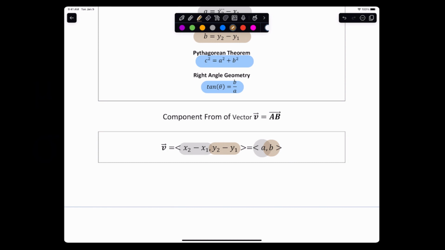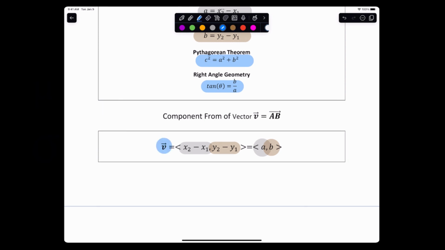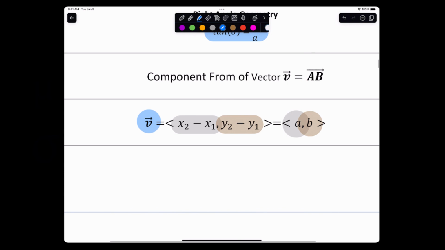B. So this is how you start to define vector V, ladies and gentlemen. This is called the component form of a vector. So it's based on some arithmetic. You just take the difference of all the x coordinates. Remember, this is going to be the what? Right minus the left, and this is the top minus the what? Bottom. Right minus left, top minus bottom. There we go. The component form. Okay.